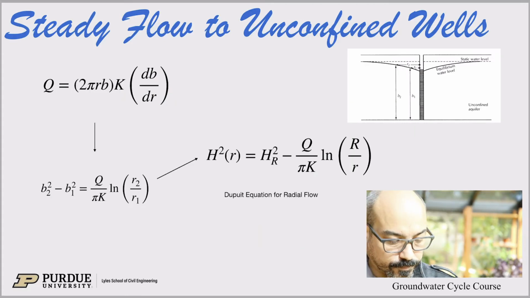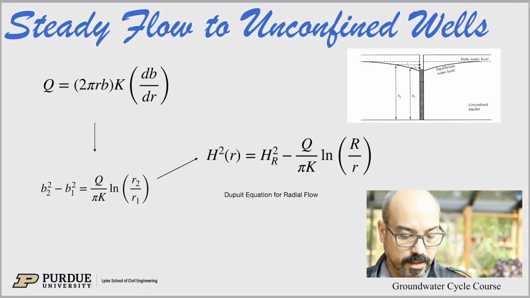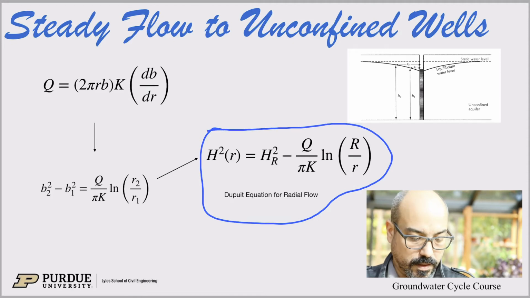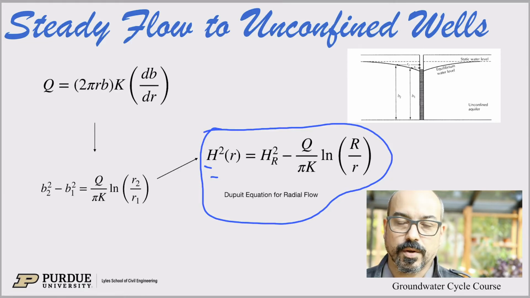Now, if we want to, we can solve basically for H, here I call B is H, it's the same here. So if we do like before for the radius of influence, right? Remember the radius of influence, that big R, is the radius at which there's no influence from the well.